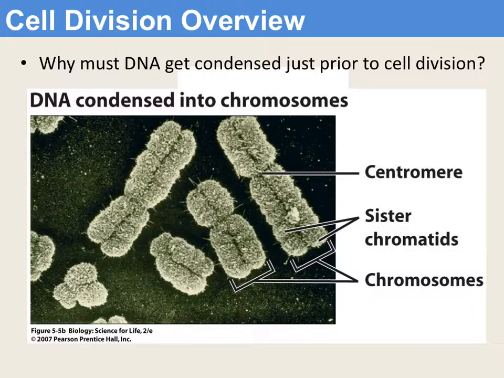So this is what condensed chromosomes actually look like. We each have 2 copies.